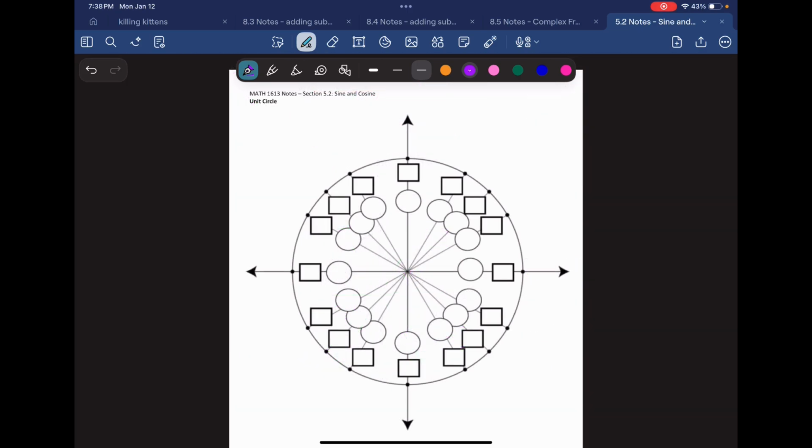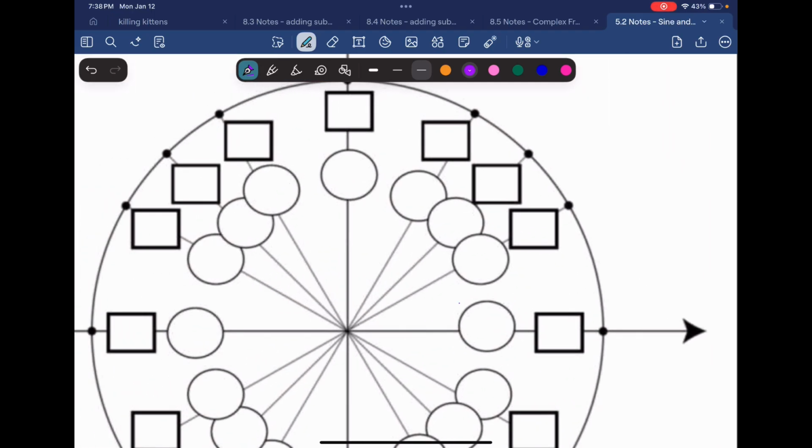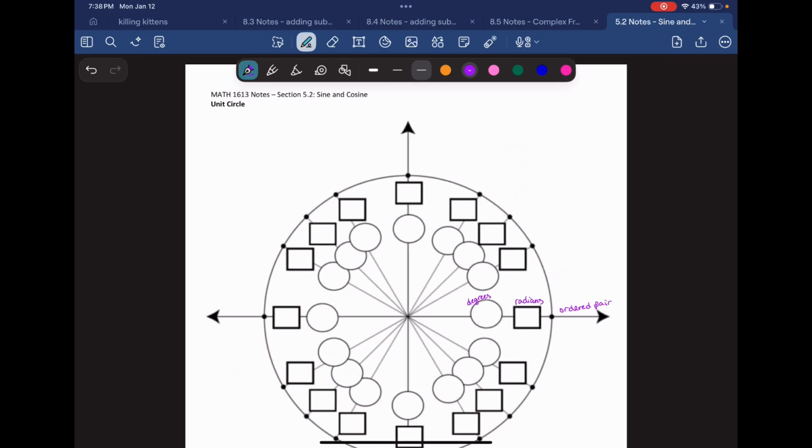All right, so on this page, you're filling out, this is a blank unit circle. This is degrees. So you have degrees, radians, ordered pair. So I want you to take probably 3 or 4 minutes, and I want you to fill this out. Okay, if you're watching the video on this, you'll pause once you see it.